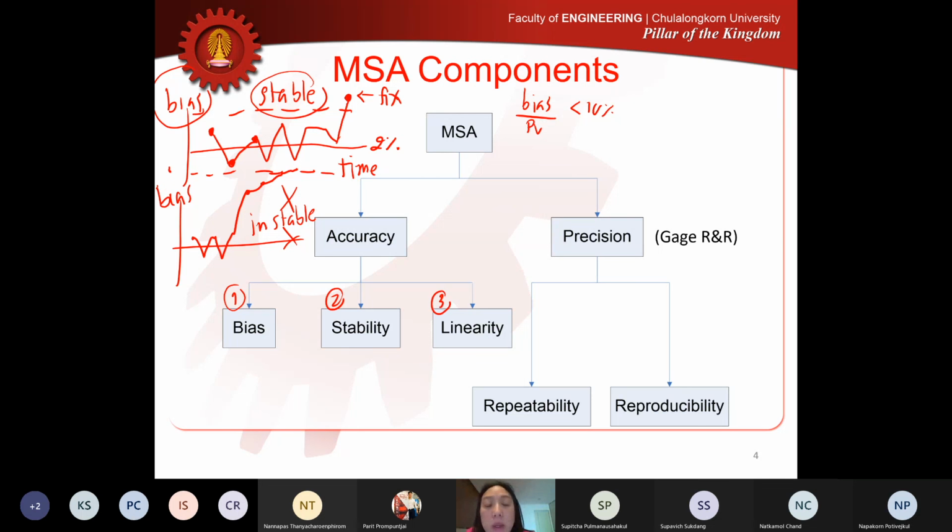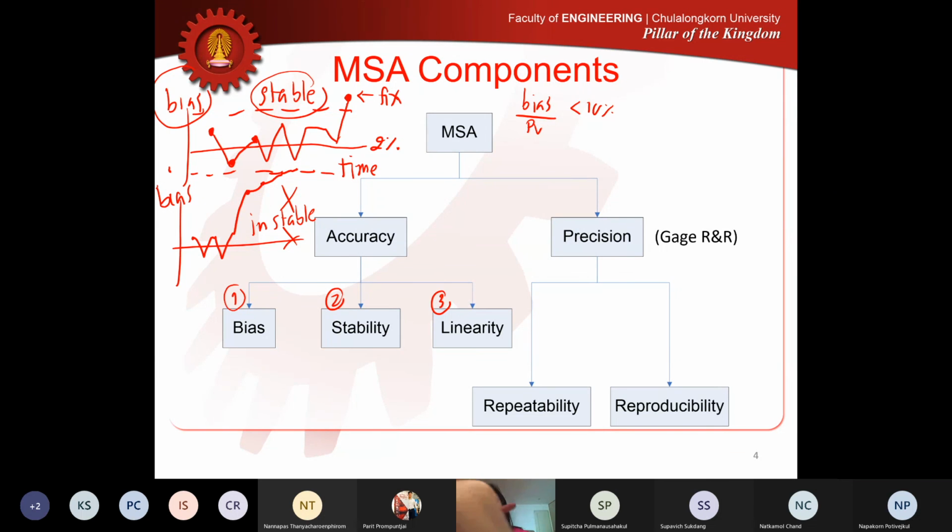And the third thing that we can do about accuracy is that sometimes you want to quantify whether the bias is changing over what we call the operating range of the measurements.